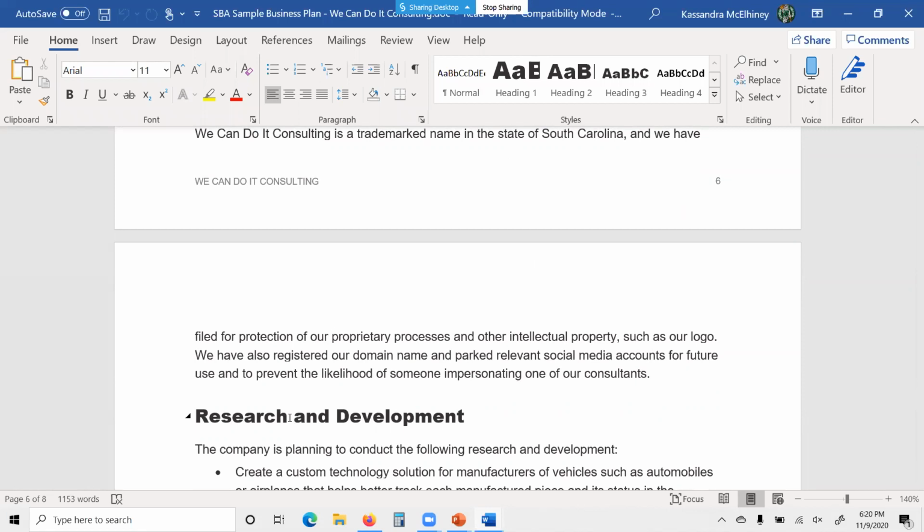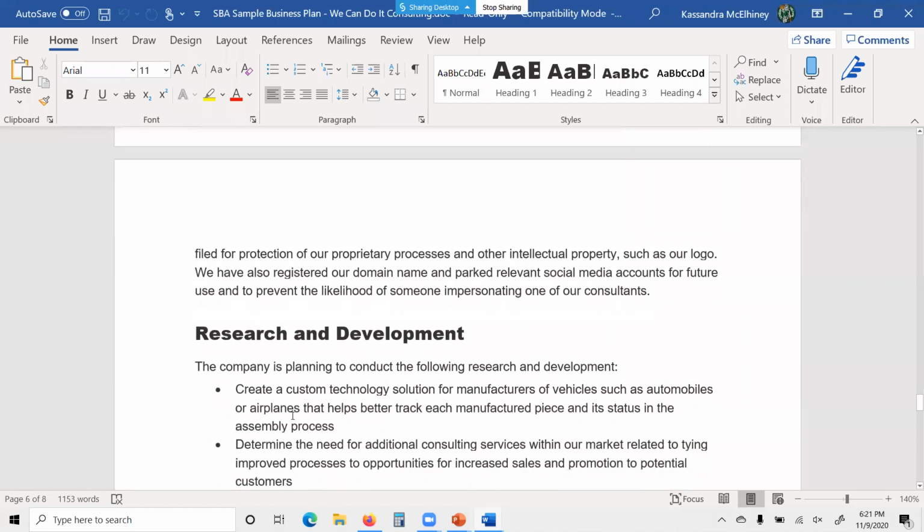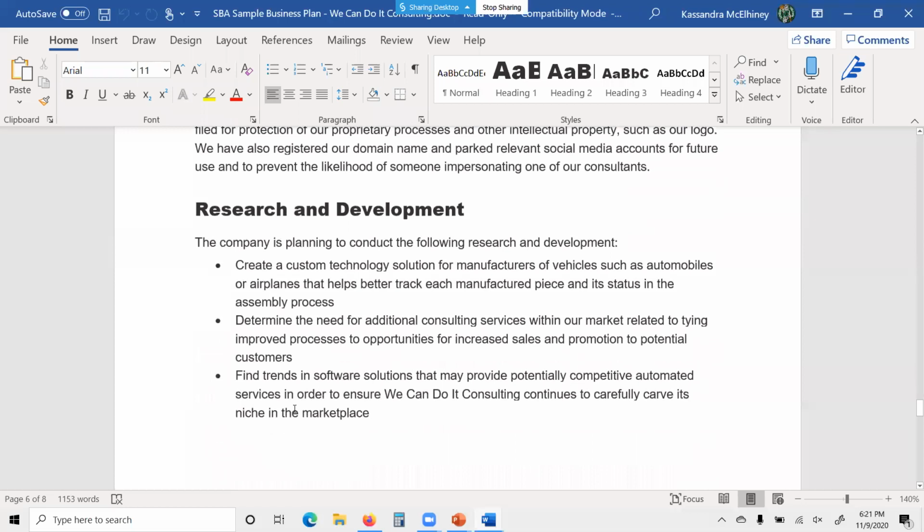It hasn't been completed yet. They said that they have filed for protection, and they've also registered their domain name and have reserved social media accounts for future use and the like.